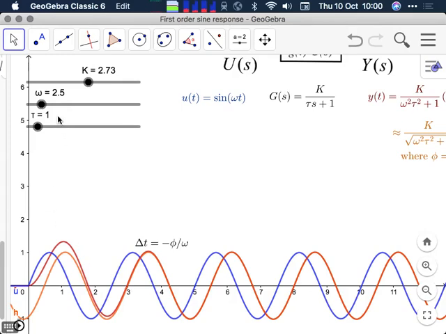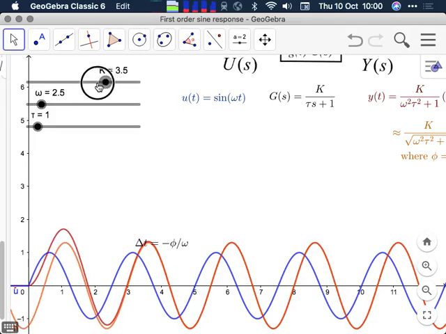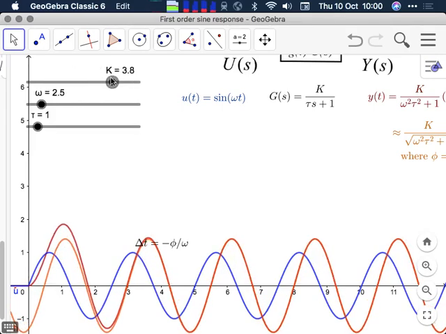Now, an interesting thing while I've got this here, I just want you to observe a couple of obvious features. If I change the gain of the first order system, the effect of that is just to magnify or reduce the magnitude of that response. It's kind of trivial, everybody should have seen that coming from miles away, right?